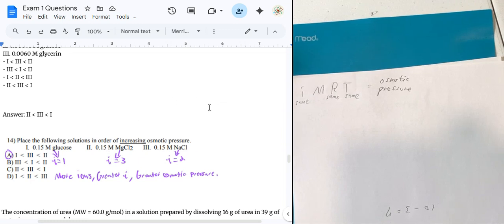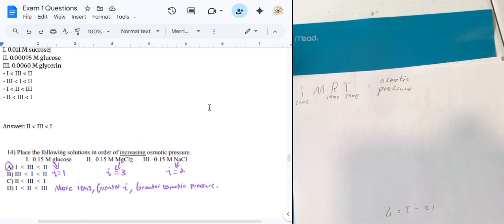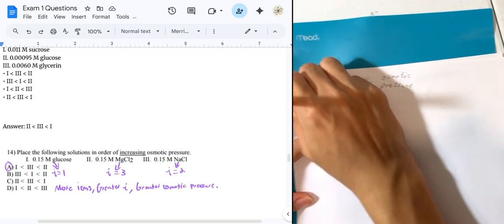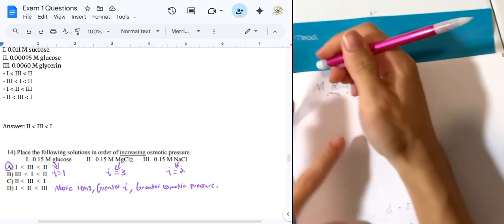And then same thing here. There's already an answer, but that has an I value of 1. That has an I value of 3. That has an I value of 2. And it's like the same thing here, except now molarity is the same.